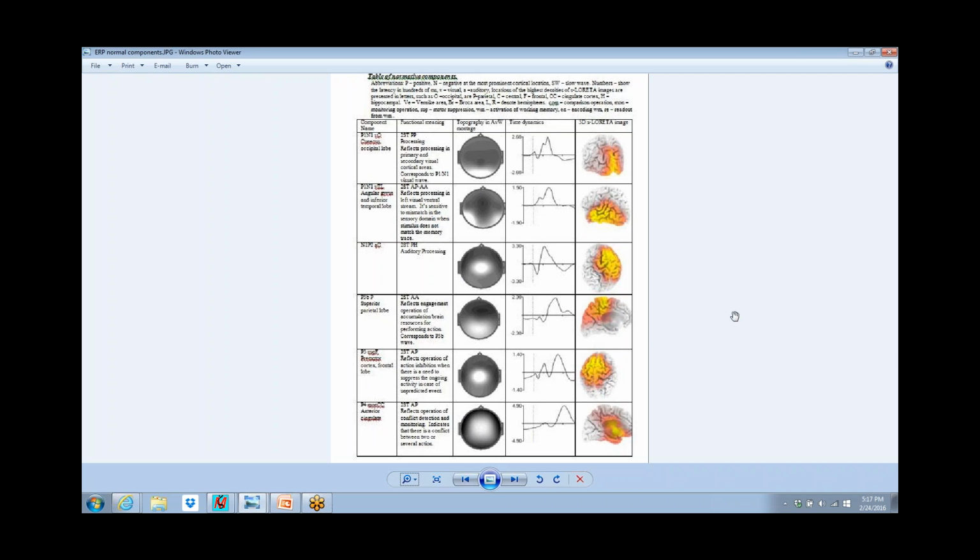Yuri Kropotov has an entire book about that, and he received a prize for science. It's a Russian prize for science, equivalent to the Nobel Prize in the West, but it basically applied the ICA to the EEG and ERP, and it turned out to be a very good match.